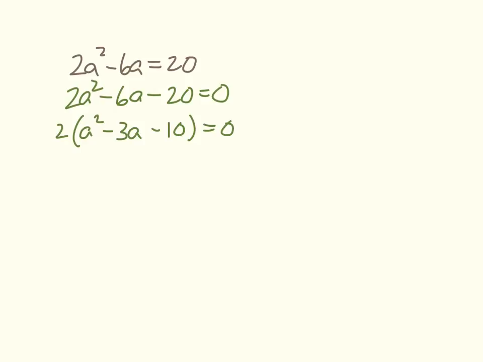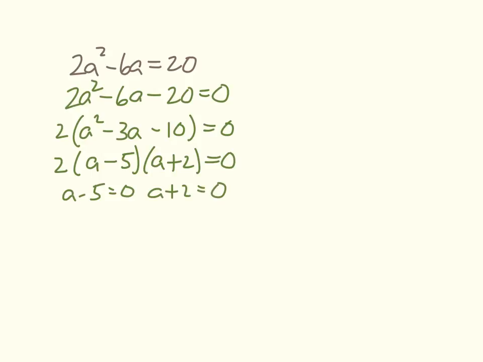And now I have a trinomial that I'm going to factor using my two magic numbers of negative 5 and positive 2. And of course that will factor to be a minus 5 times a plus 2. And that means, of course, that either a minus 5 equals 0 or a plus 2 equals 0, which means that a is equal to 5 or negative 2.